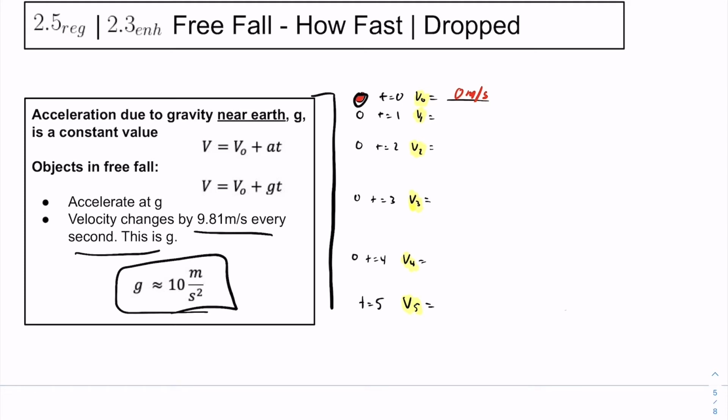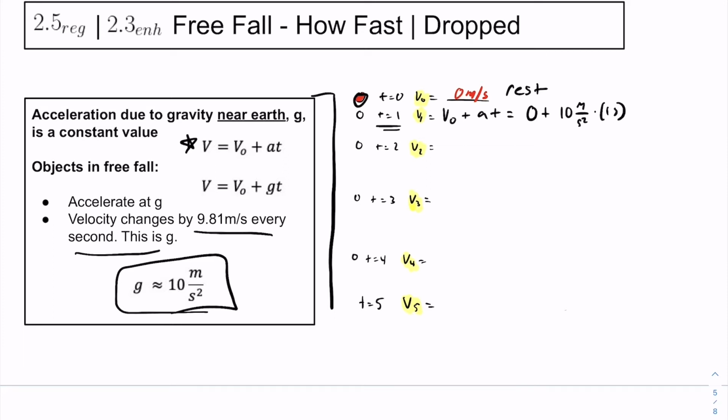If I were to take a ball and at t equals 0 seconds, I drop it from rest. That means it has no initial velocity. We can use our equation from above and say that our velocity 1 second later is going to be equal to our acceleration times time. Well, that happens to be our constant value, acceleration due to gravity, 10 meters per second squared times 1 second.